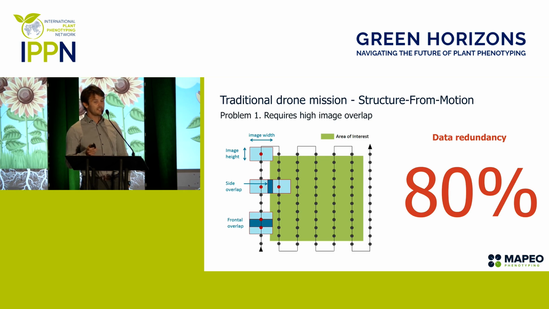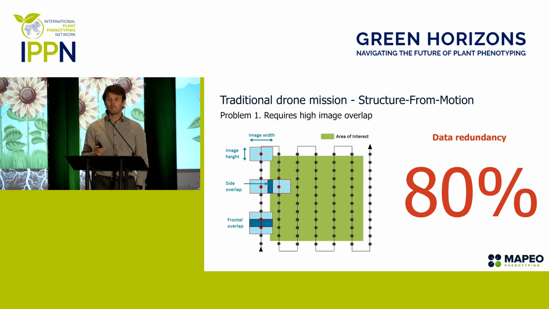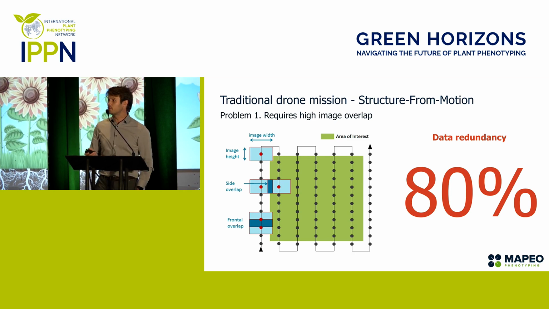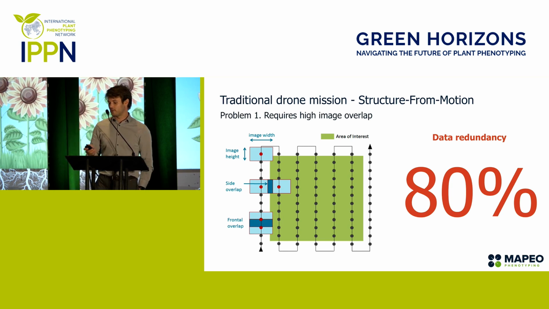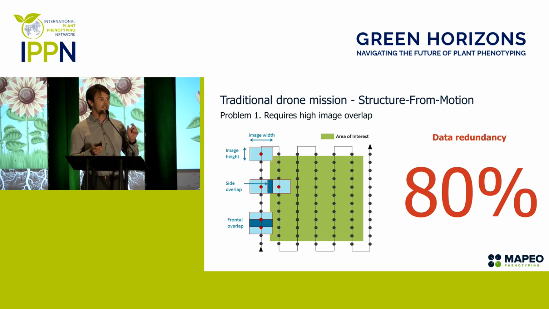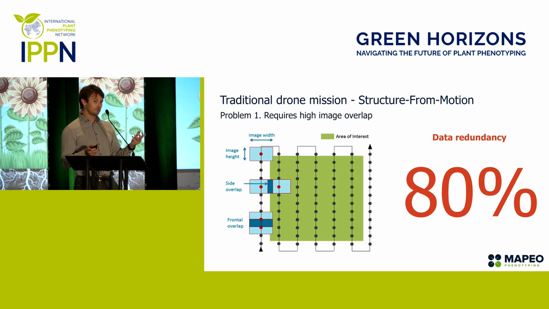And so this has been fine for a while, but as you move into high resolution, you come across two key problems. The first one is that it requires a high image overlap. As I mentioned, the structure from motion method requires that you don't just take a photo of part of the field once, you take it multiple times so that you can get overlap of the images.